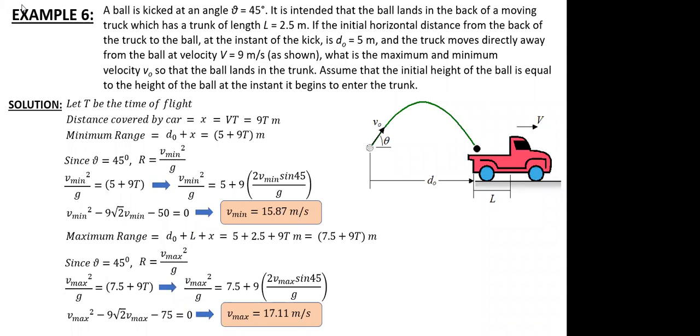So I directly use R equal to U square by G. So that much indirect application you have to do. I told you to remember those formulas along with the conditions. When I use R equal to U square by G, whenever the angle is 45 degree, I said this 2 to 3 times yesterday. Same thing over here. I can directly use the formula. No need to go by each and everything.